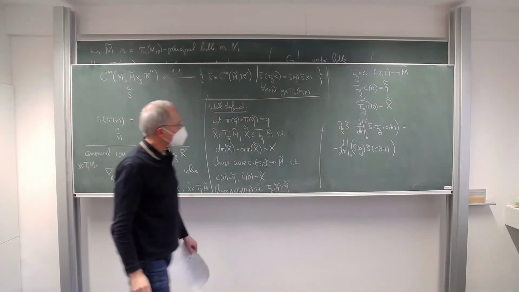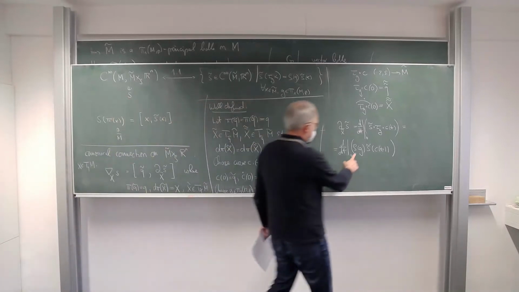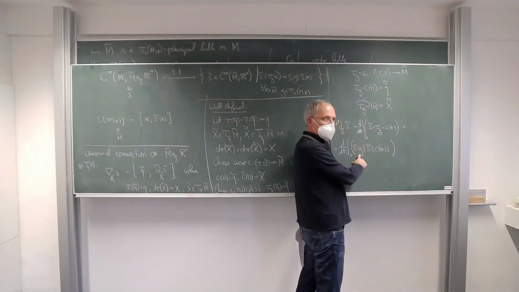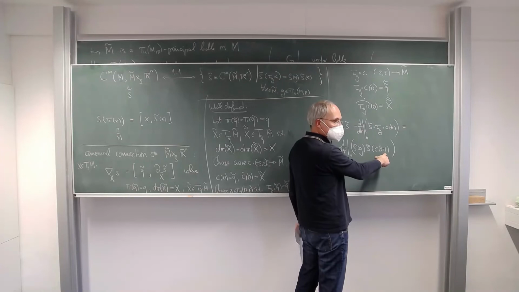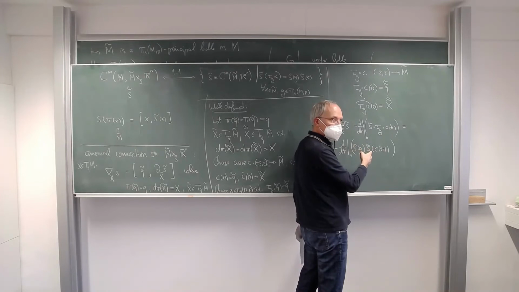Like that. And now this rho of g is some fixed linear transformation. And differentiate, and this is a curve in this fixed vector space, Rn, and differentiation commutes with fixed linear transformations.